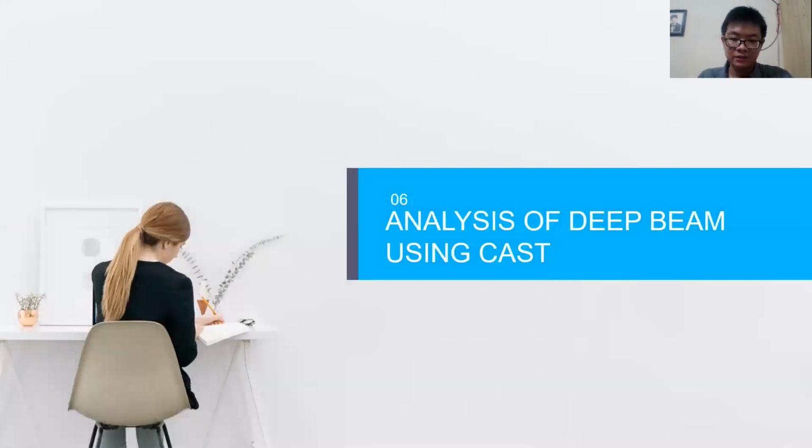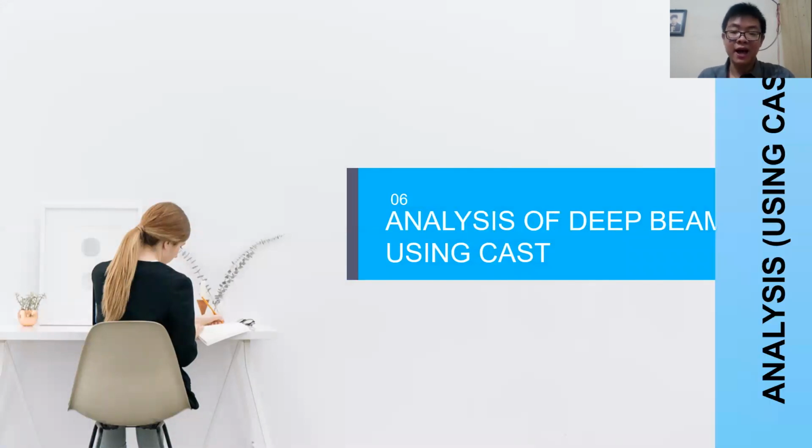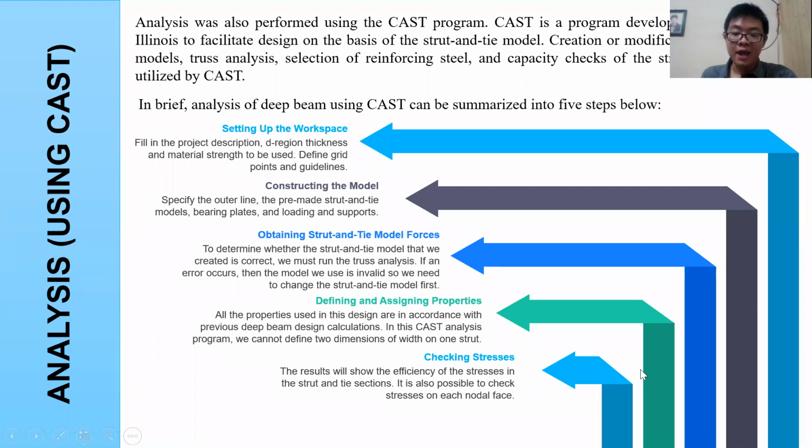After that, we also analyze it by using CAST. Analysis was also performed using the CAST program. CAST is a program developed by the University of Illinois to facilitate the design of the Strut-and-Tie Model.